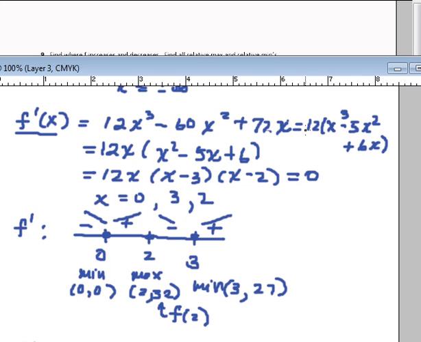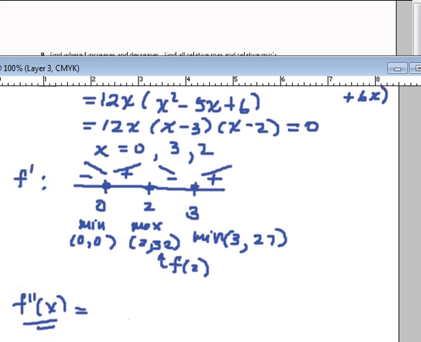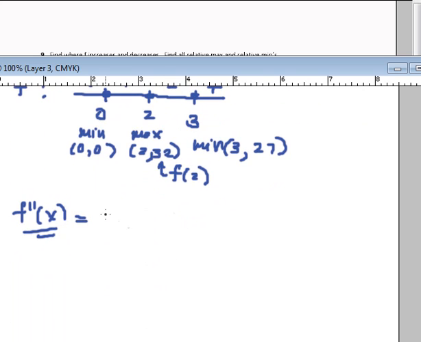So for f double prime we have 12 times 3x squared minus 10x plus 6.